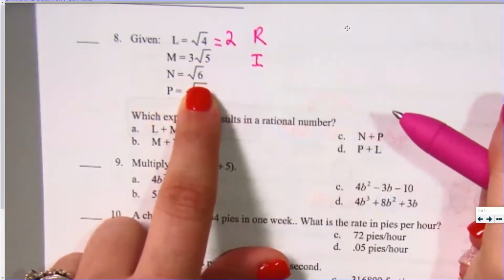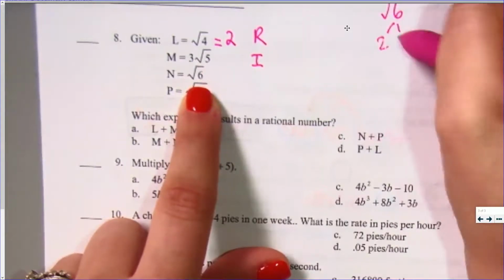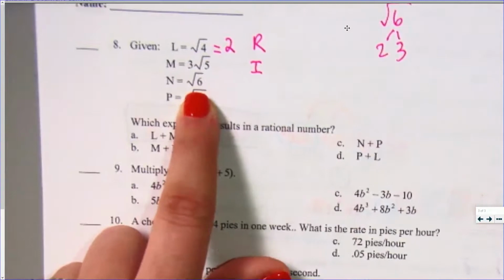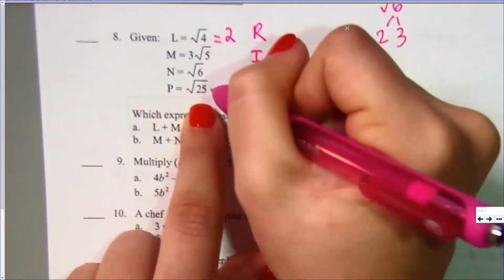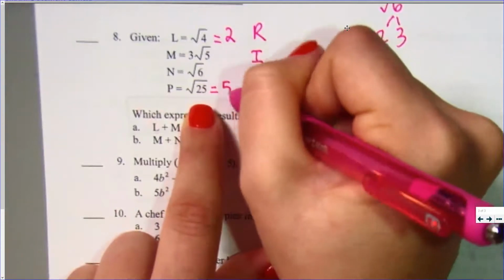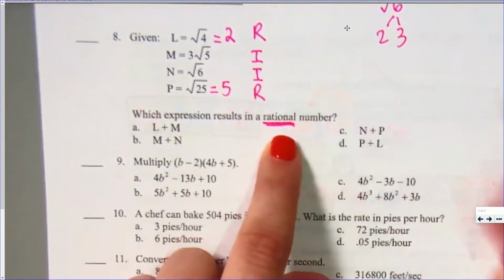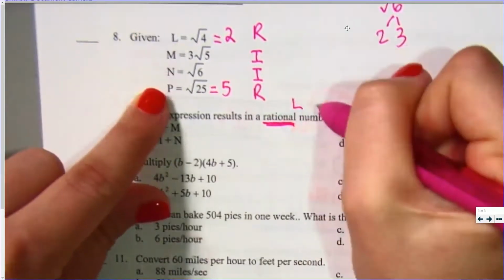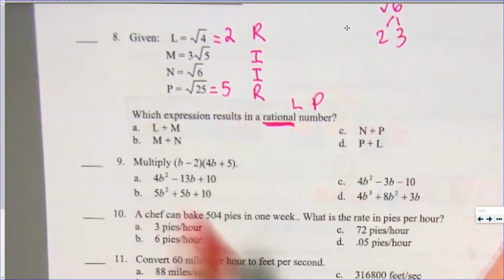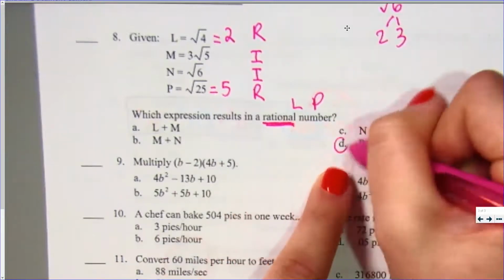Square root 6, I cannot simplify anymore because if I tried to, that would be broken up into 2 and 3, and that can't be simplified, so that one's irrational. And the square root of 25 is a perfect square, that's going to be 5, so this one is rational. So anything that deals with rational, I need to use L and P. So the only ones dealing with L and P are going to be D.